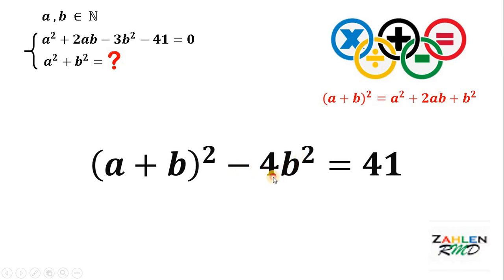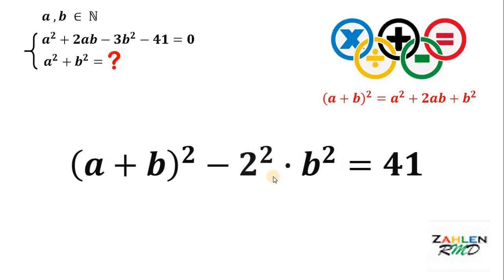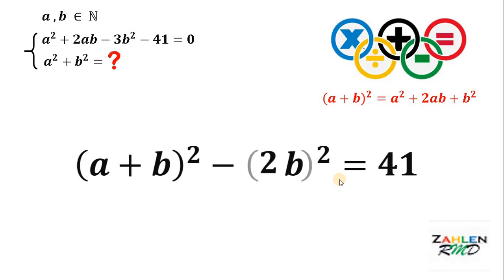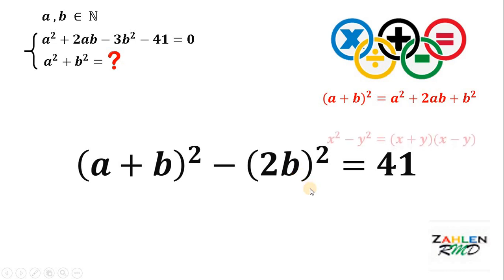Now 4 can be written as 2 squared, and 2 squared times b squared can be written as (2b) squared. At this point, we have a square number minus another square number. Therefore, we can use the difference of two squares: if we have x squared minus y squared, it is equal to (x plus y) multiplied by (x minus y).